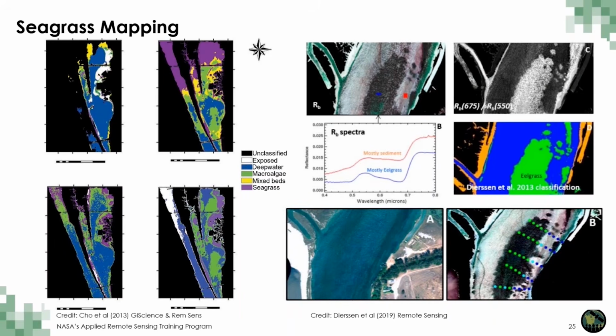The authors found that the HICO bands, particularly in the 665 to 675 and 708 to 713 nanometer regions, can be used to distinguish seagrass from macroalgae, and proposed the use of two benthic classification methods, namely the slope red and the slope near infrared, for this purpose.